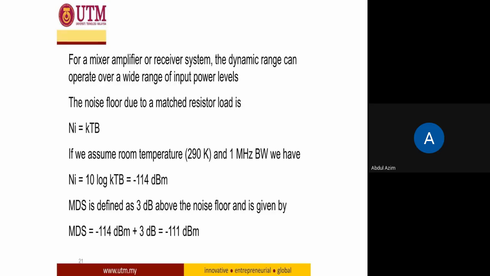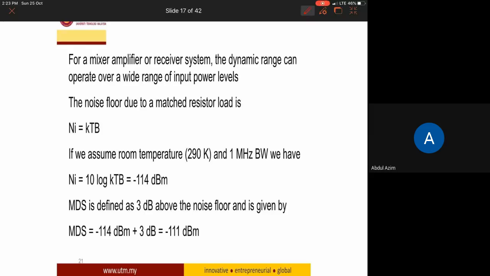Using the formula you are familiar with, KTB, where K is the constant value, T is the temperature in Kelvin, and B is the bandwidth, you can calculate minus 114 for KTB, and you get the unit directly in dBm.